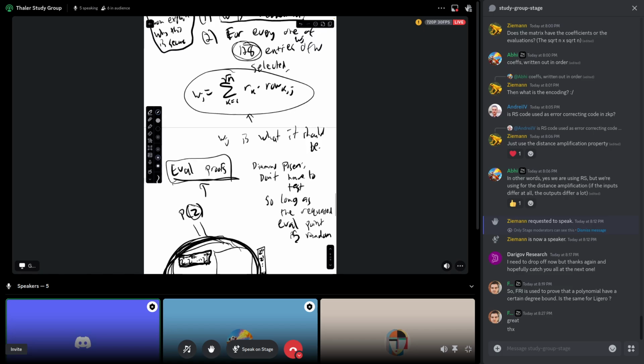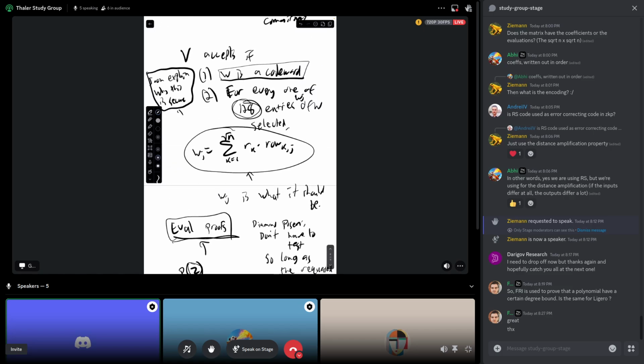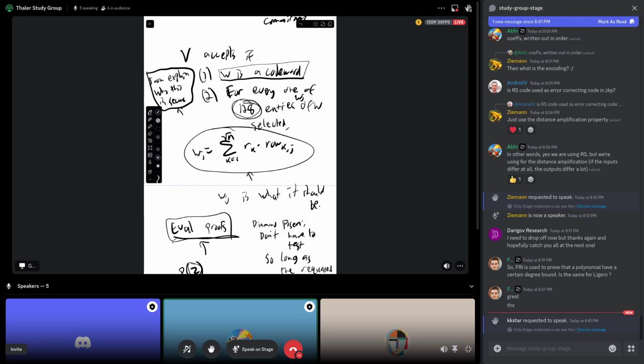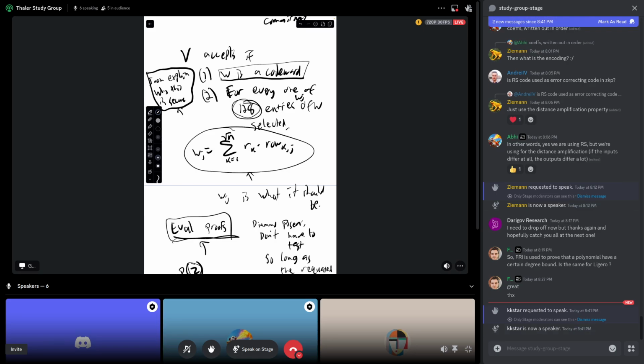Okay, does anyone want to ask any questions before I explain why it's secure in a little more detail? One question coming up on stage. Hi, yeah, I had a question. There's a slight difference between the two phases you mentioned.